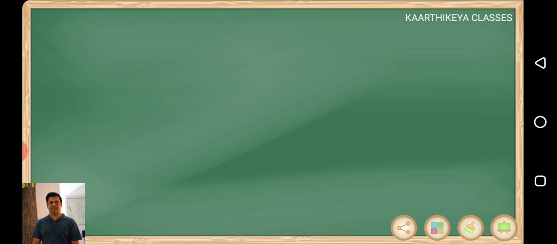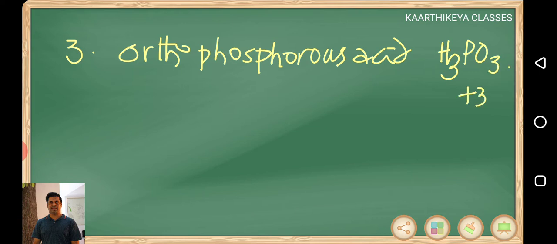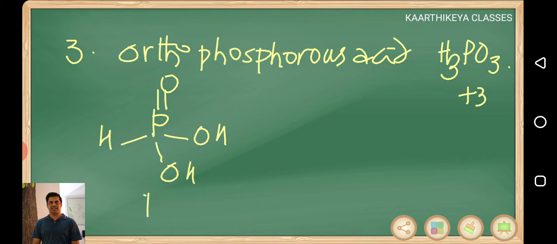The next one, orthophosphorus acid, or you can simply say phosphorus acid. Orthophosphorus acid formula is H3PO3. Oxidation state of phosphorus will be +3, right? The structure is very similar: P double bond O, OH, OH and H. Two OH groups are there, so it is a dibasic acid.